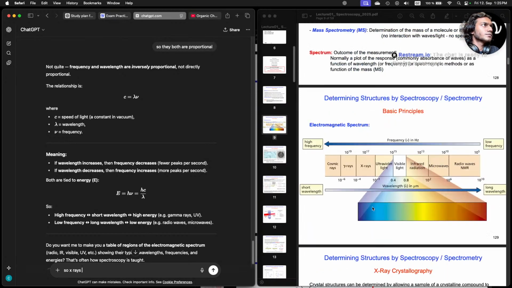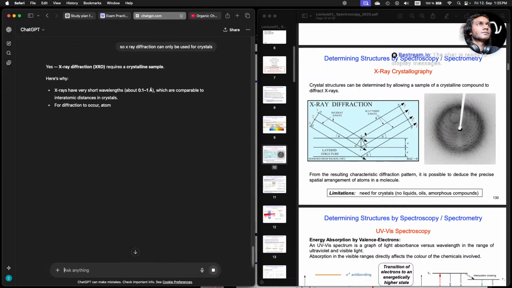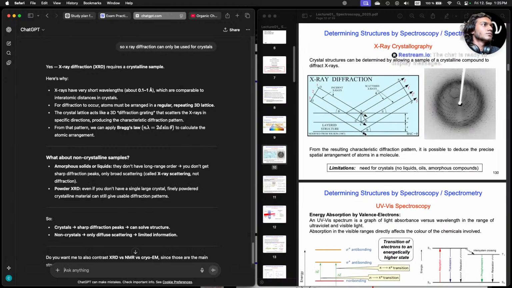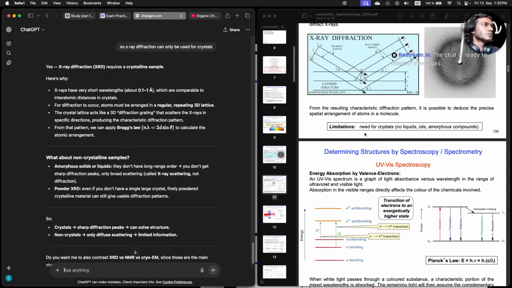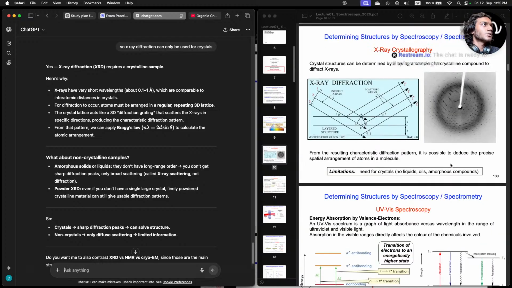X-ray diffraction, crystals. I mean, that's the explanation for that.